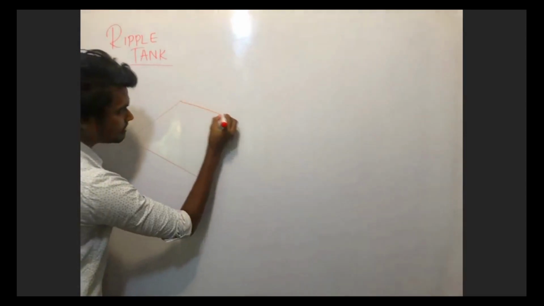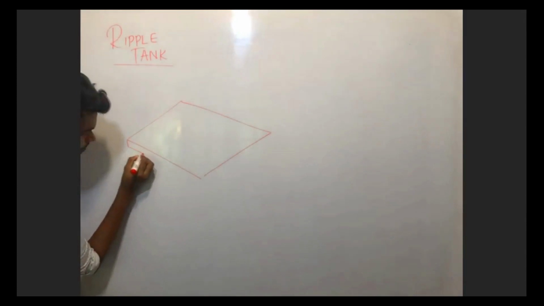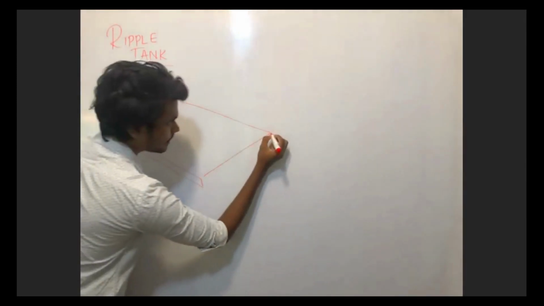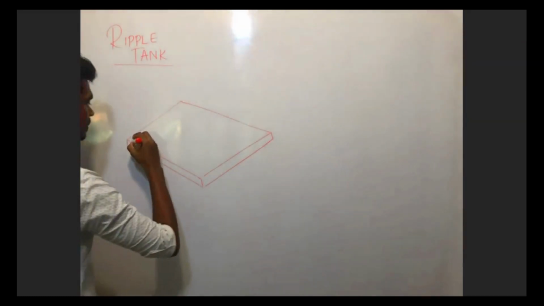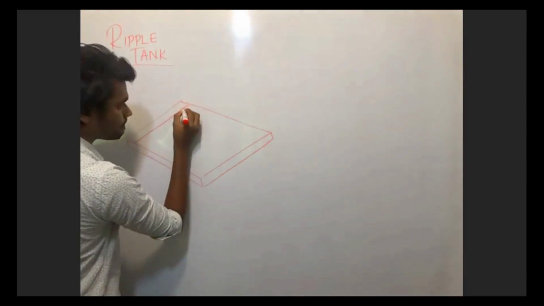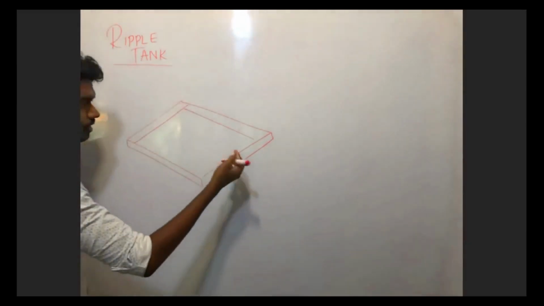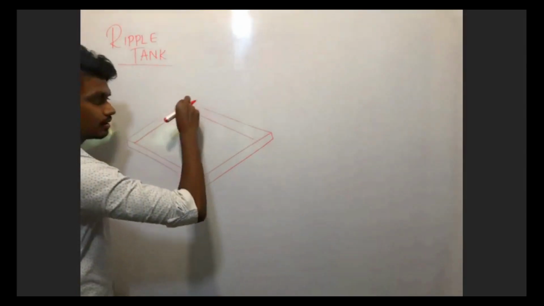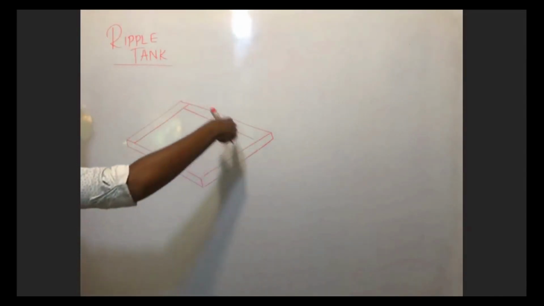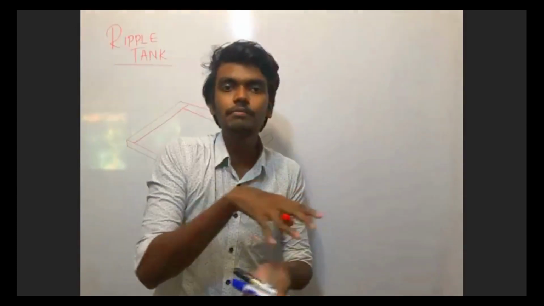So there is this kind of a board. Excuse me for my drawings, I'm not very good at these things. Okay, so there is a shallow cubic part, a rectangular region where you can put some water.